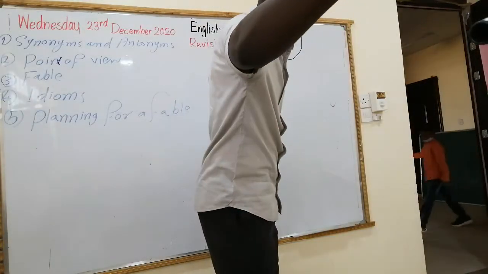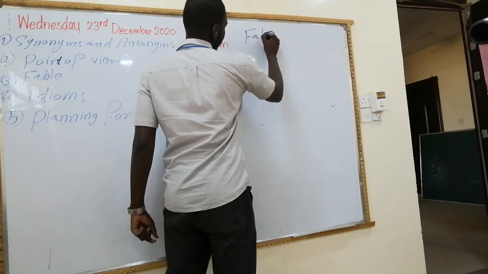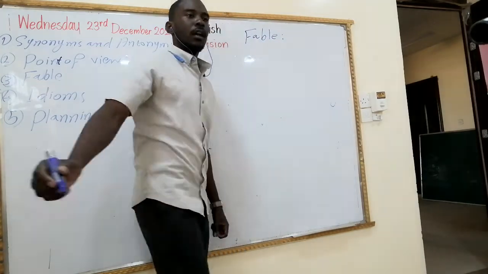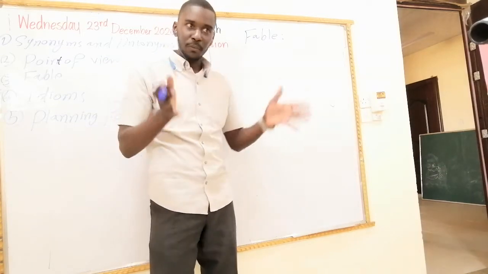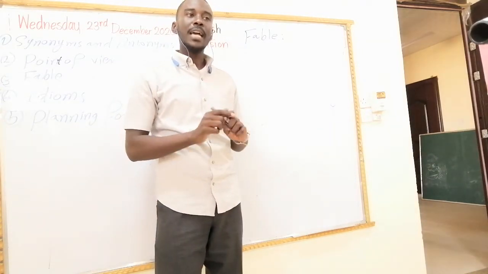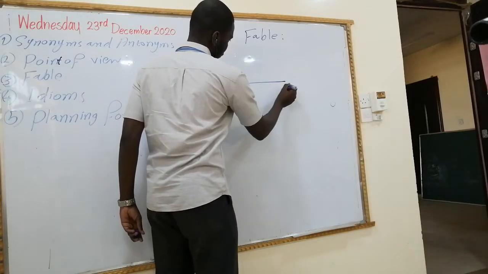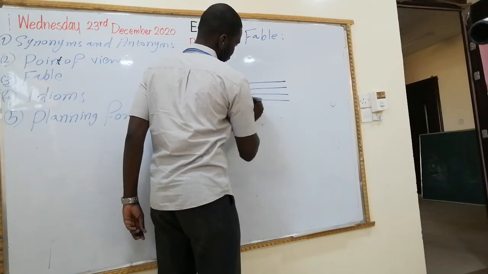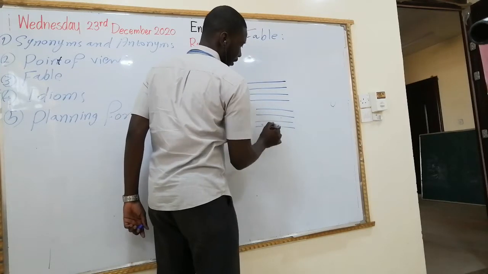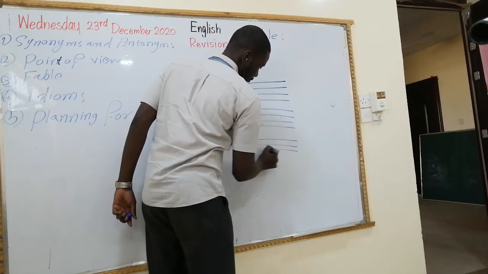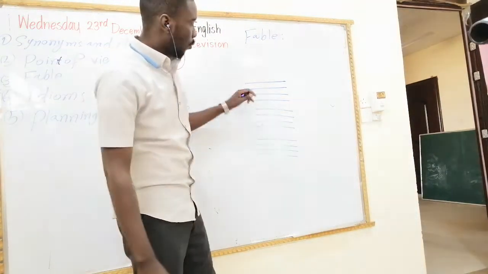Okay, so, fable. Actually, the shape of your writing will be, as I always say, 3 paragraphs: paragraph 1, paragraph 2, and paragraph 3.